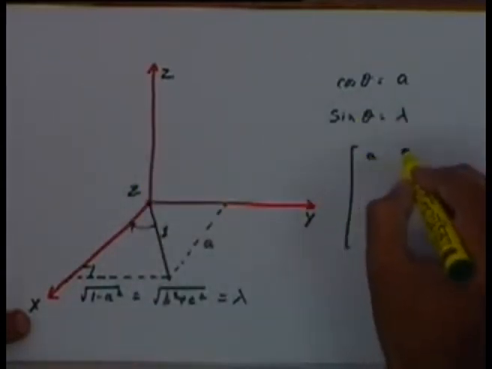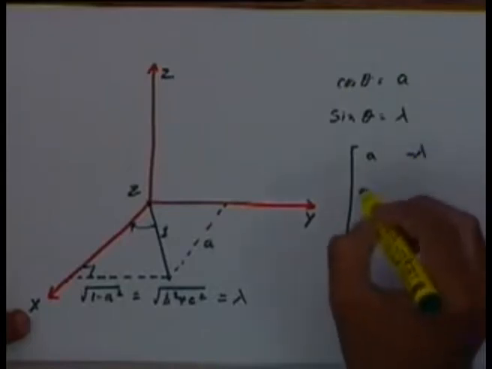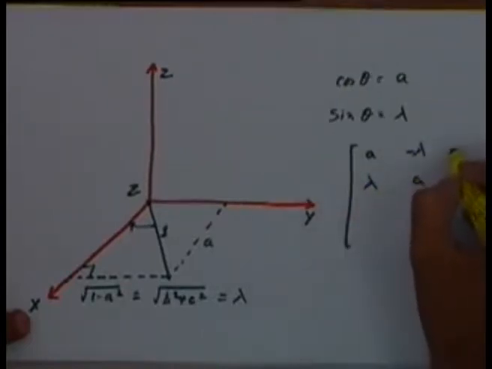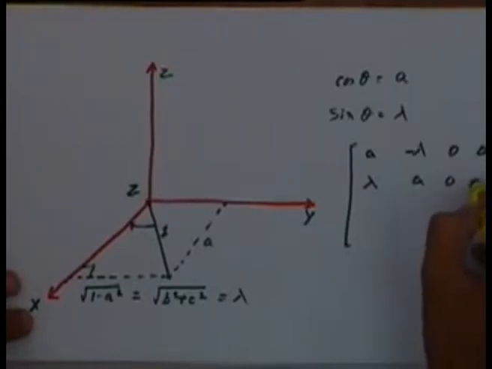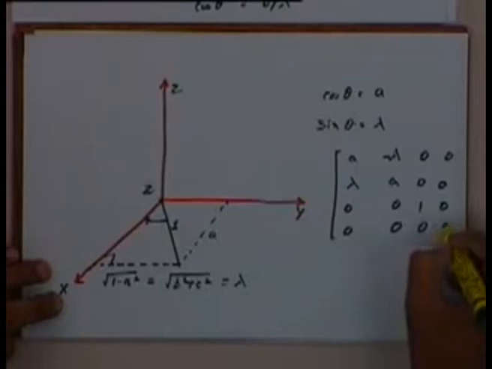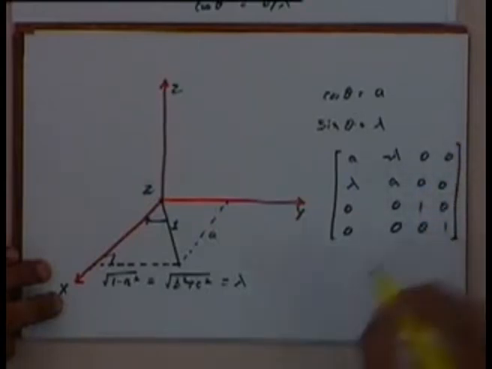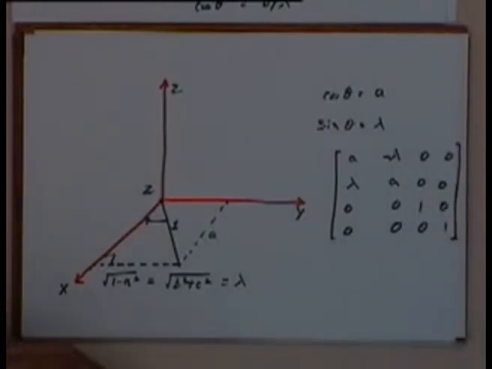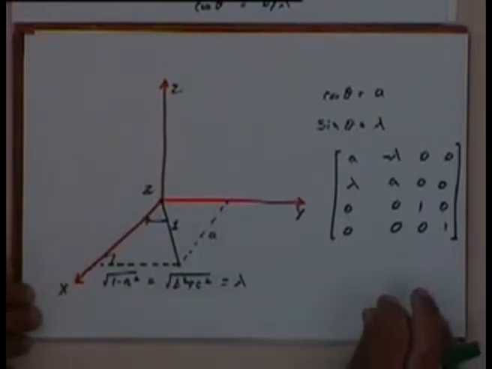So cos theta is a, sin theta is minus lambda, lambda a 0 0. Is that all right?